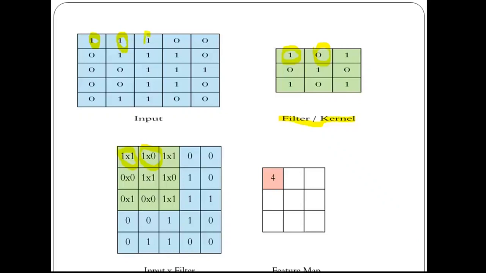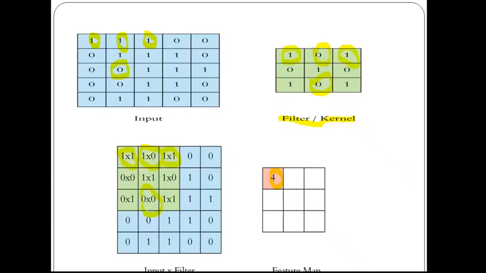In the same manner, this is multiplied by this. We are just stacking this filter onto the image, multiplying the individual cell values and then summing up the values. In the same manner, you can see 0 multiplied by 0, that means in the image the value is 0 and here also the value is 0. So applying this filter and then aggregation, that is summation, we get the value 4.